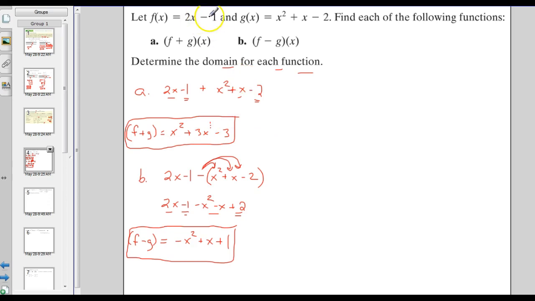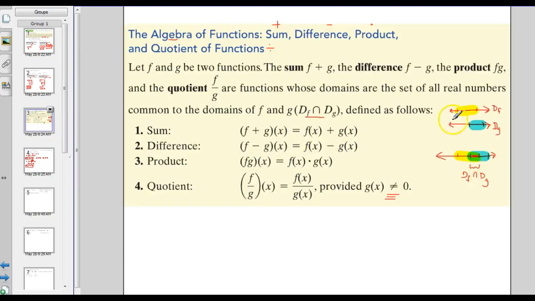So the domain here was all real numbers, the domain here is all real numbers, the domain here is all real numbers. So D for domain, negative infinity to infinity. All reals. And if you intersect all real numbers with all real numbers, you get all real numbers. So that's what this notation is saying.